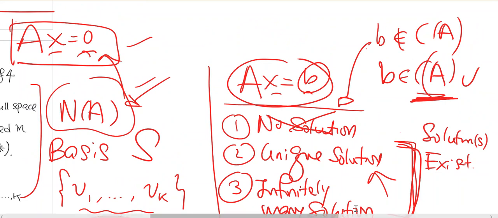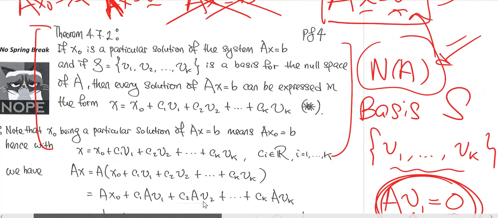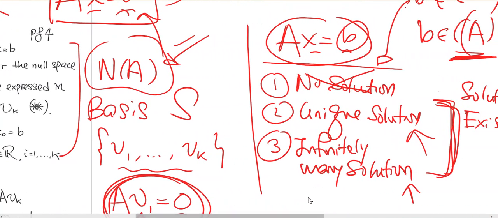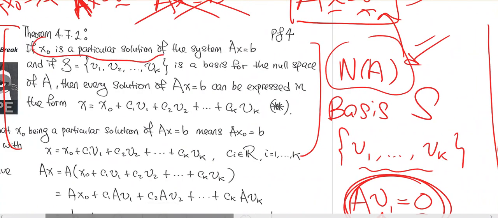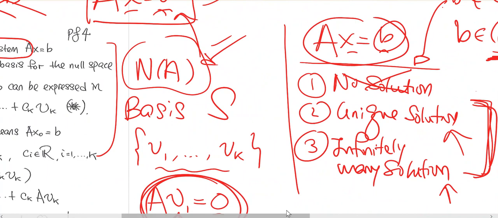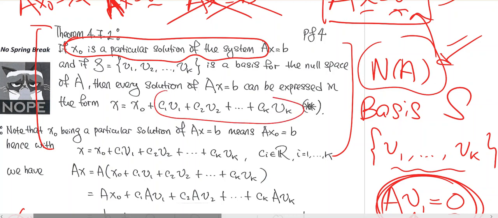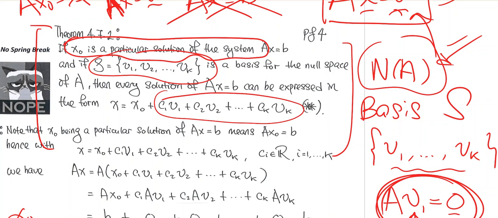All right, Theorem 4.7.2 actually answers this part. If we already have a solution, then whether it is unique or there are infinitely many solutions depends on this part, which is the basis for the null space of A. Do you know why we have infinitely many solutions if we have this part?